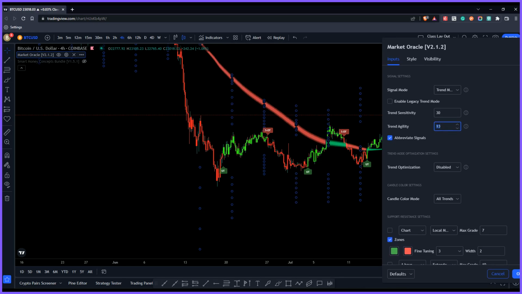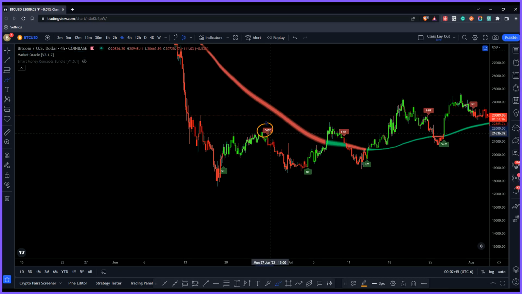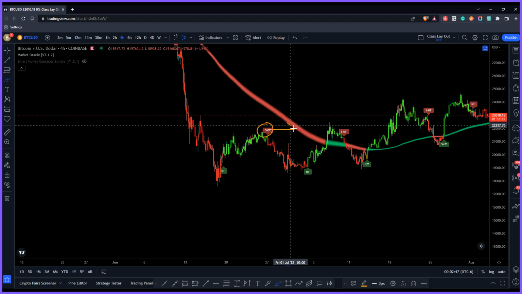So what is trend agility? Let's recap on the trend sensitivity. The trend sensitivity is a measurement on how big of trends we're looking for, right? And then trend agility, it's a measurement on how much latency we're gonna be adding to this flag. So if I add latency, I'm gonna be fine-tuning it and moving it to my right, right?